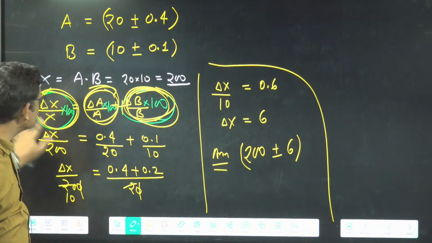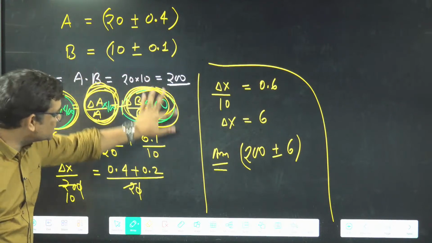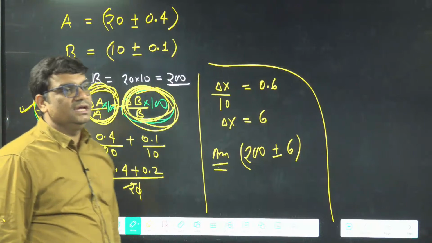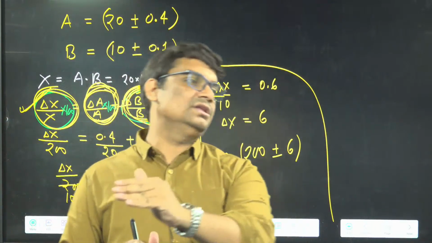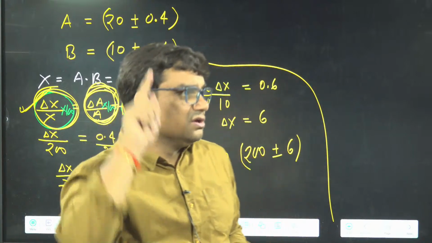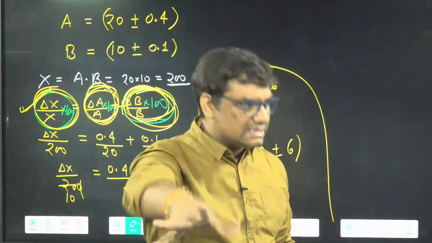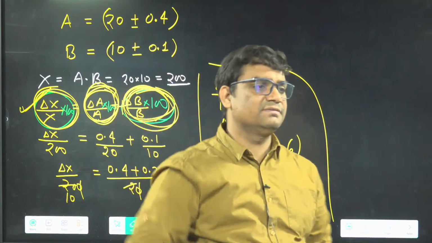Percentage error in X equals percentage error of A and percentage error of B. Means directly we can find the percentage error in the quantity. Percentage error in the quantity will be equal to percentage error of first plus percentage error in second plus percentage error in third, whatever quantities you are having.